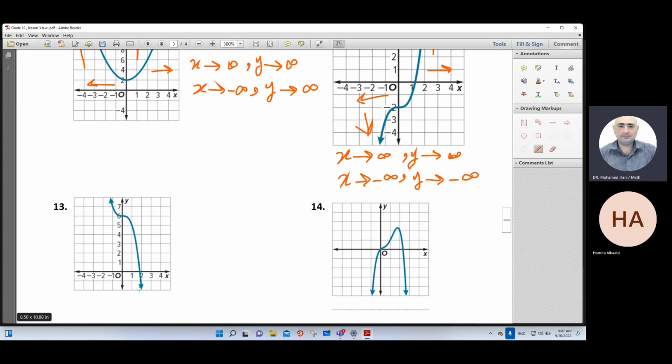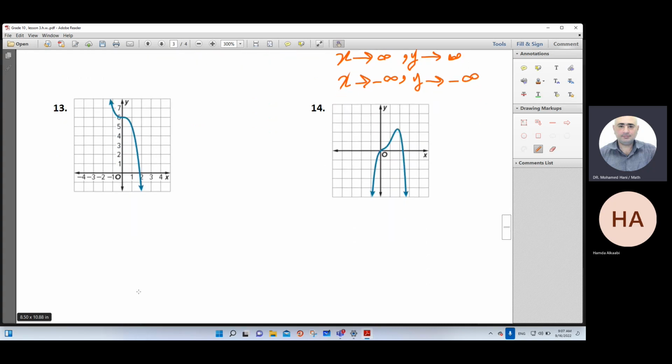For number 13, as you see in this side, when you go right, x will be increased. Means x approaches to the infinity. But the values of y will be decreased.